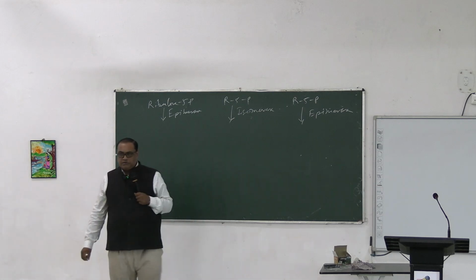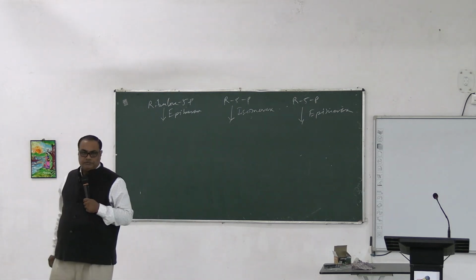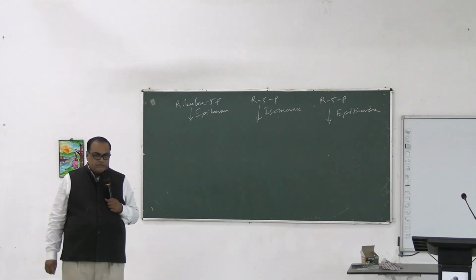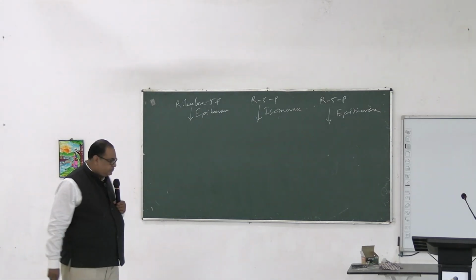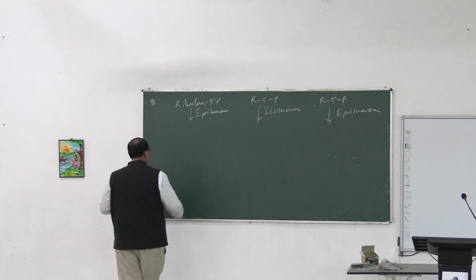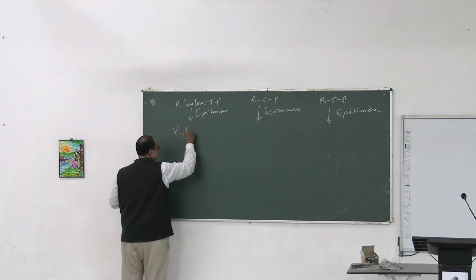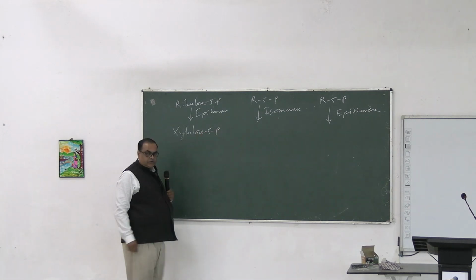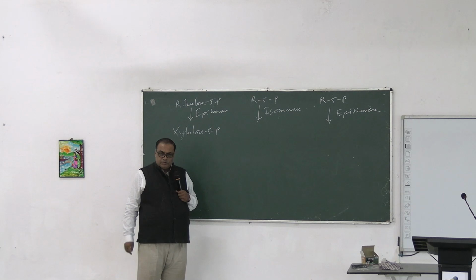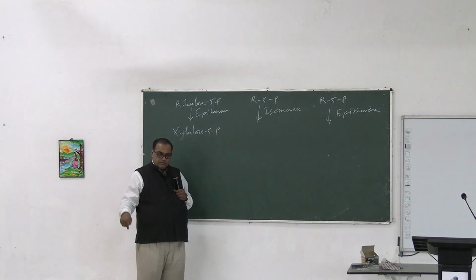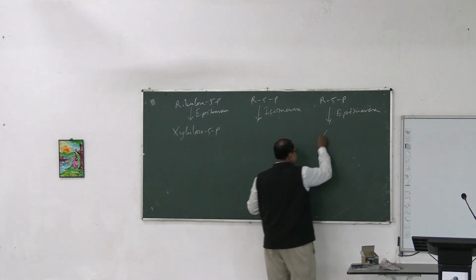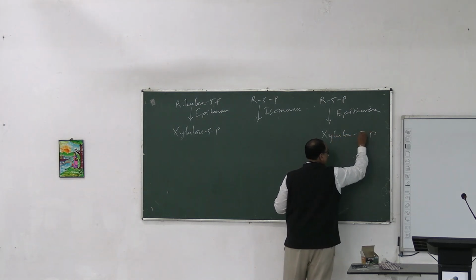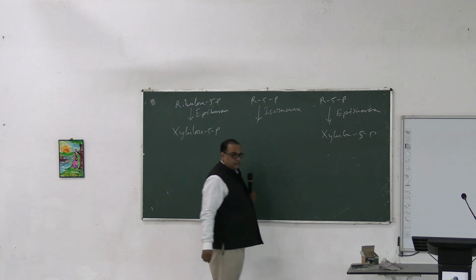So epimerase, isomerase, epimerase. Ribulose, epimerase means what? They will differ in only one carbon position. So it will become xylulose, remember, not xylose, xylulose, from ribulose.